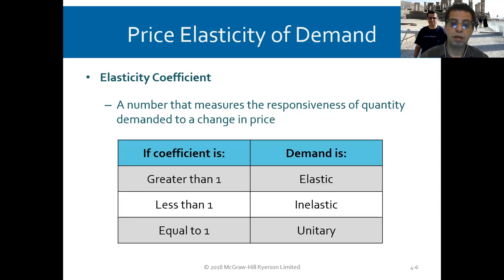What does that mean? It means if it's greater than 1, people will have a reaction as you increase or decrease the price according to the coefficient. And if it's less than 1, people will have less reaction as you increase the price.